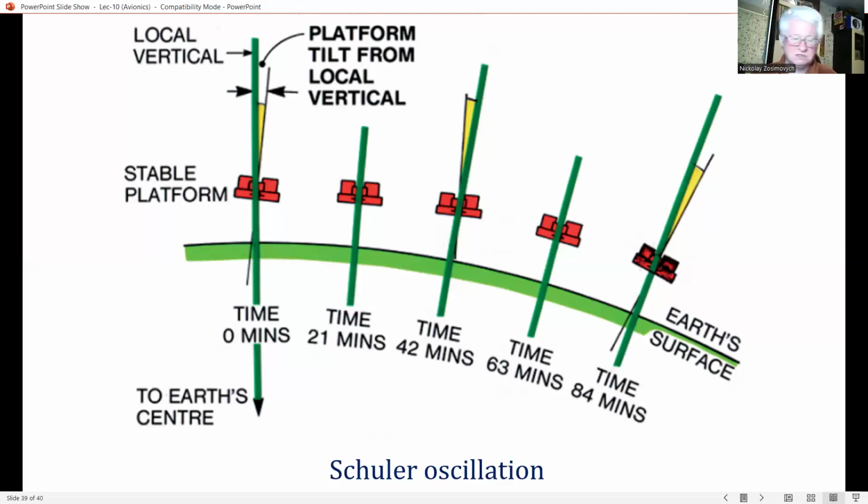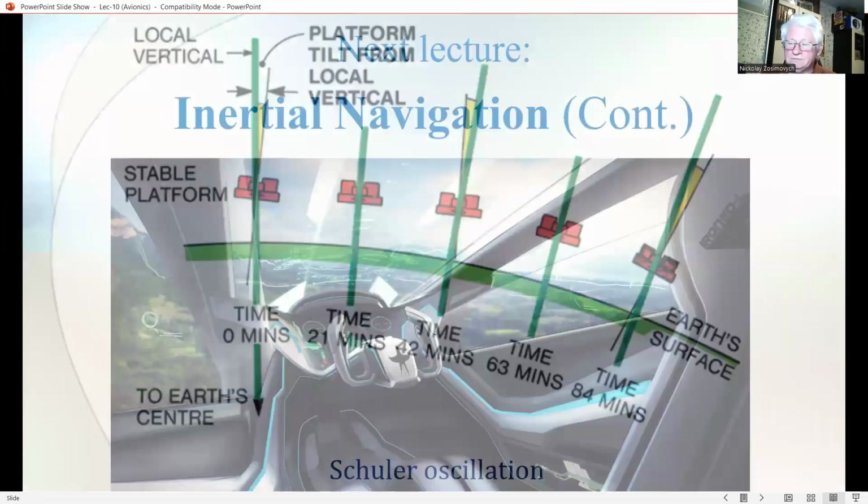And next period, 63 up to 84 minutes, the tilt has changed sign so that the platform rate of rotation now starts to slow down until at 84 minutes it is rotating at the same rate as the local vertical. So the whole cycle is repeated over the next 84 minutes and so on.